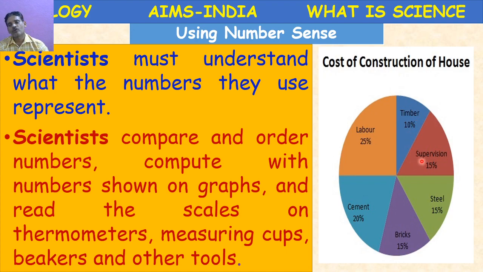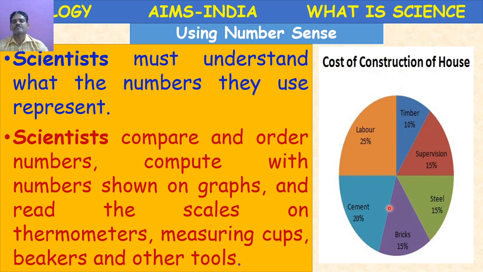And supervision, several supervisors will be there, 15%. Then steel, meaning the different rods or iron material, 15%. And bricks, definitely for the construction of walls, bricks, sand, cement are required. So on bricks 15% and cement 20%.